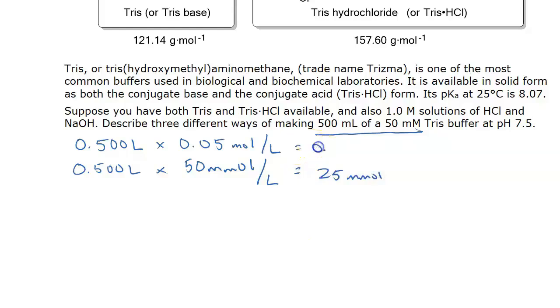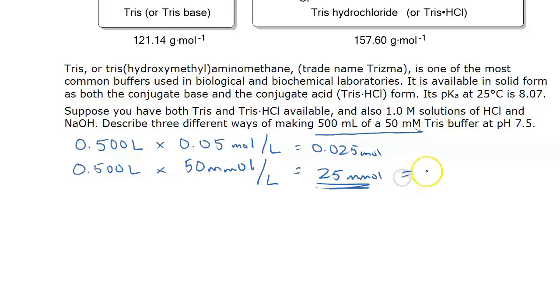So you can either call that 0.025 moles or 25 millimoles. I'm just going to use this to keep it in nice round numbers. And that would be the total amount of buffer species that you need, both conjugate base and conjugate acid forms.